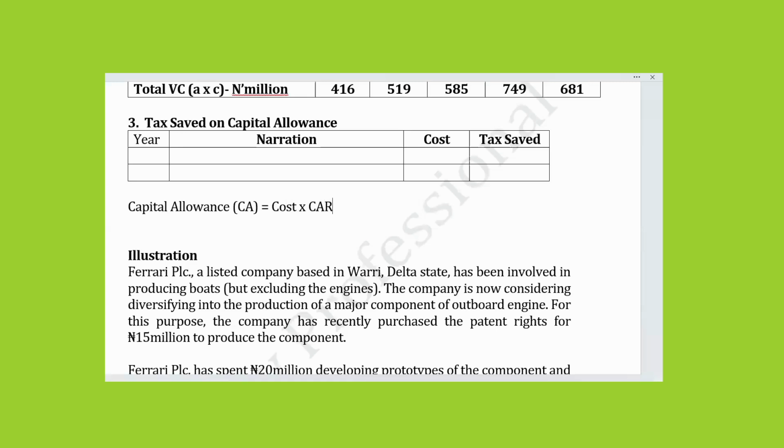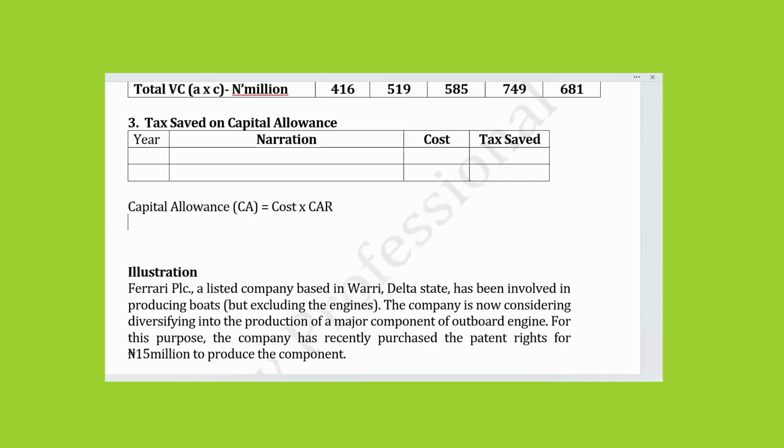Therefore, capital allowance will be equal to the cost of the project, which is 1.5 billion, then multiplied by the capital allowance rates.